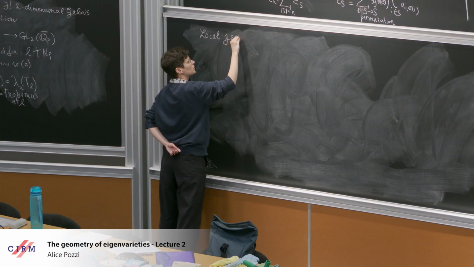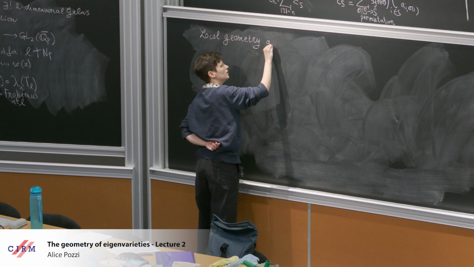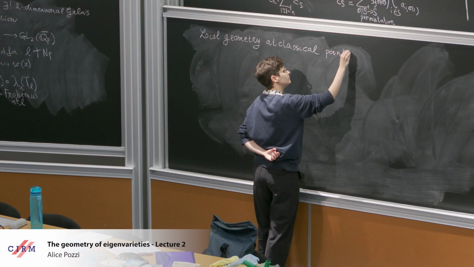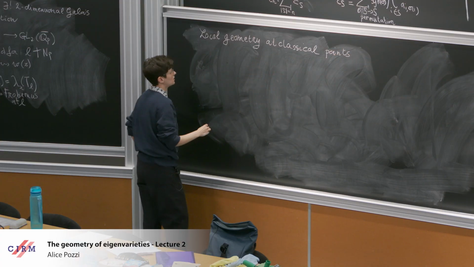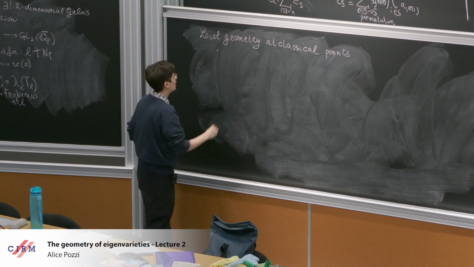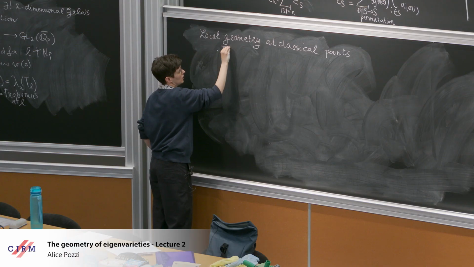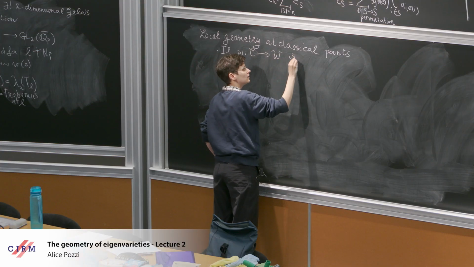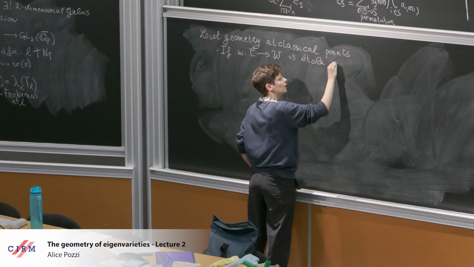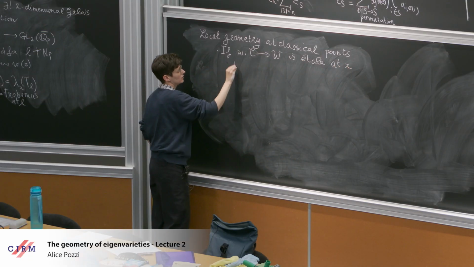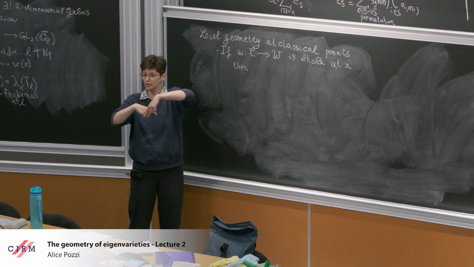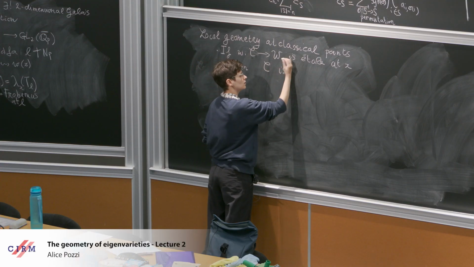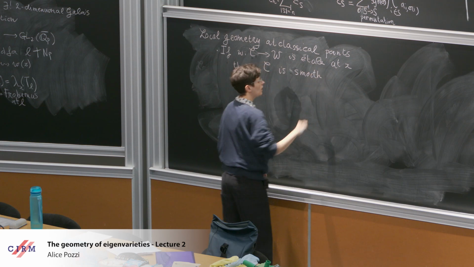So the local geometry at classical points. An easy observation is: if the weight map is étale at X, then this tells me that the eigencurve is smooth at X. The converse might not hold.